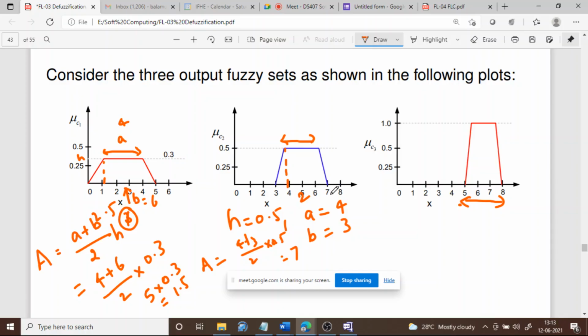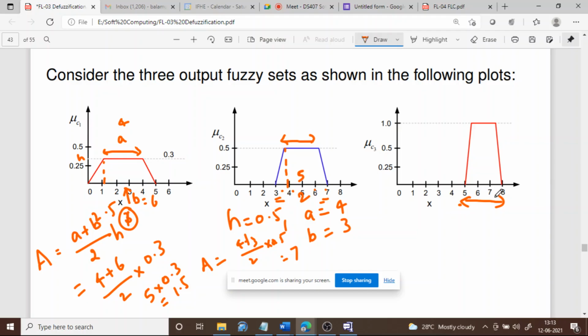So 3, 1, 2, 3, 4. Okay, 4 by 2 is 2. So you can say that its midpoint is 5, not 6.5. It is in between these two, right? Or you can just add these two things: 7 plus 3, 10. 10 by 2 is 5. Okay, you can calculate like this.